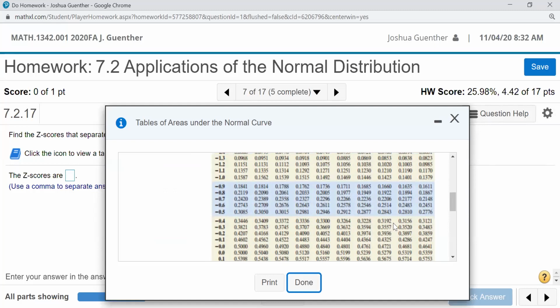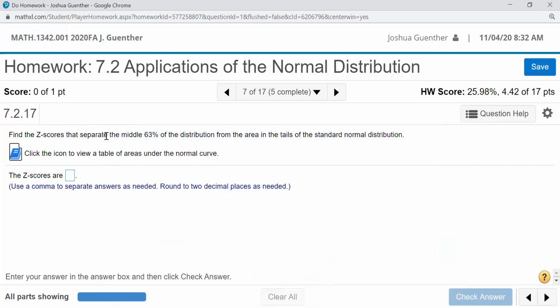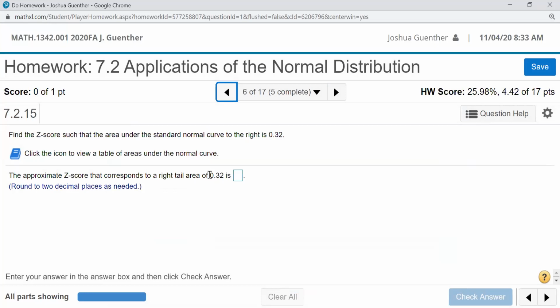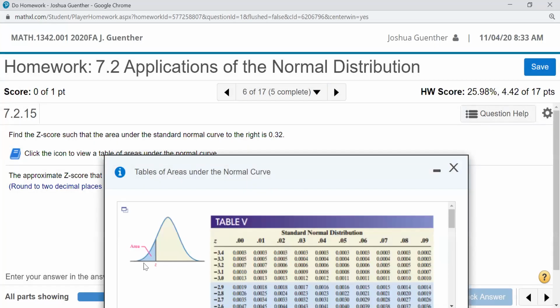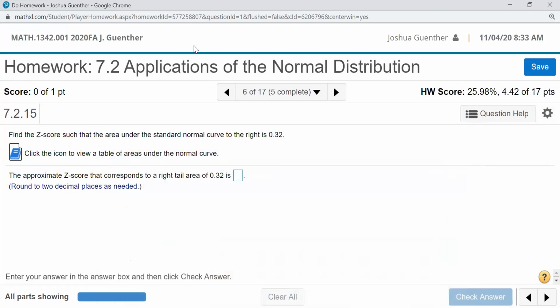Oh, it's about right here. No. Read the wording carefully. We want the area in the right tail to be 0.32. This chart gives me areas to the left. That's okay.